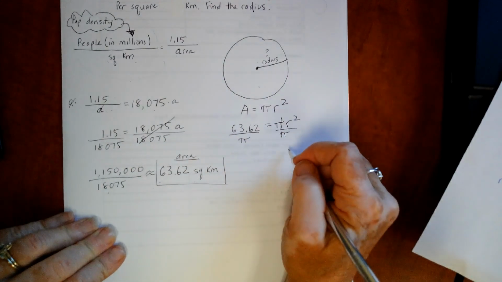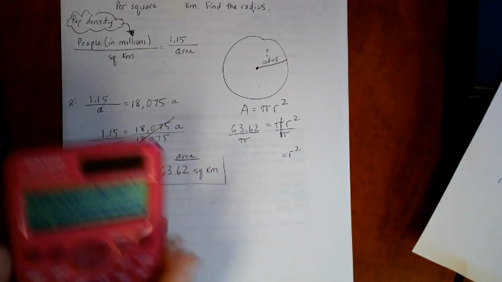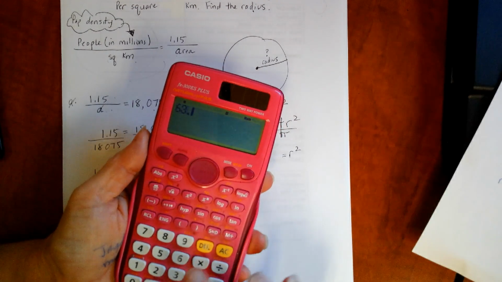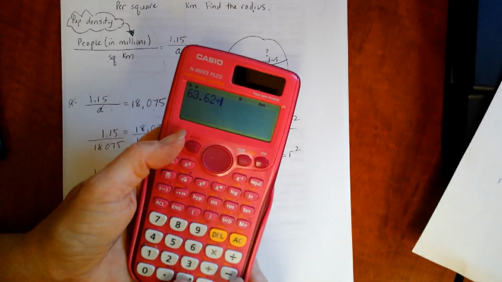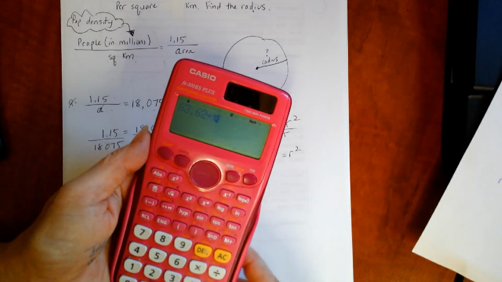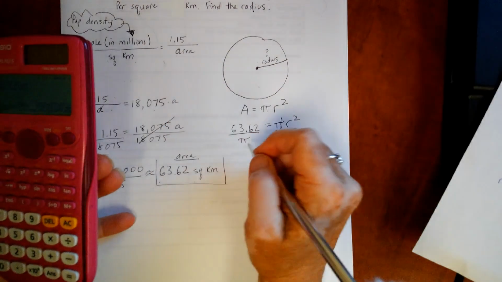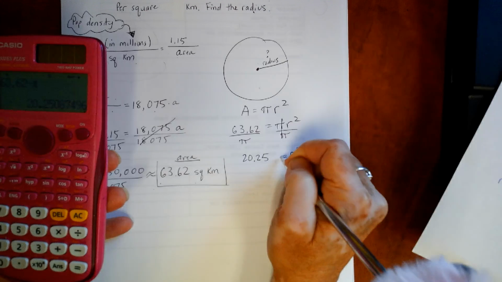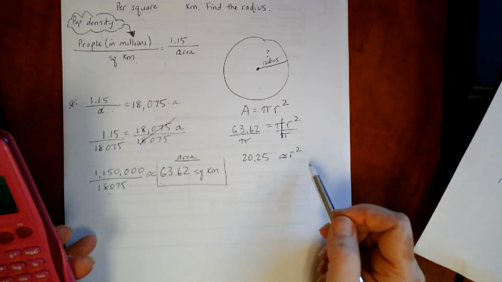And so I know that r squared is going to equal whatever 63.62 divided by pi is. I have a pi key. I got 20.25-ish.